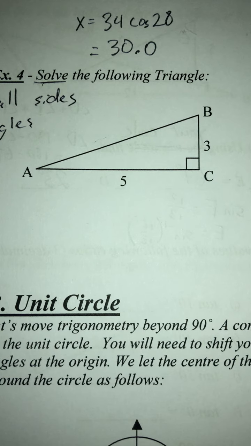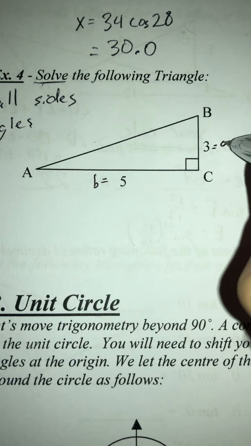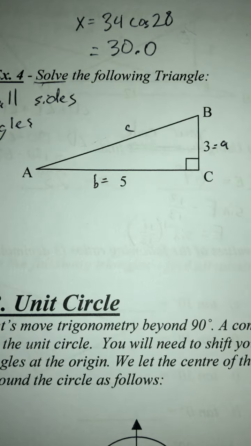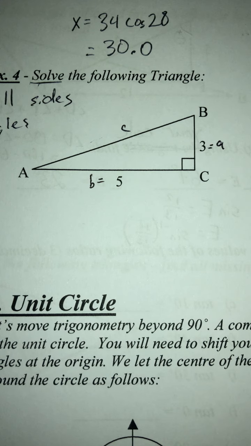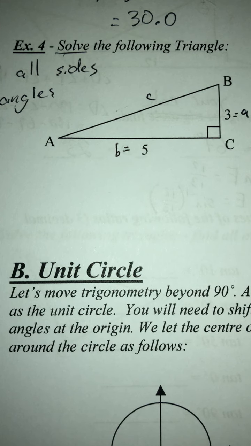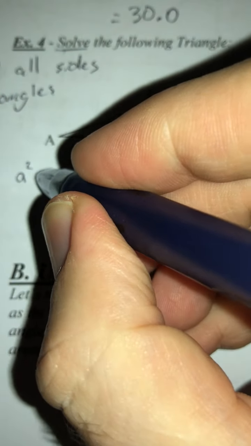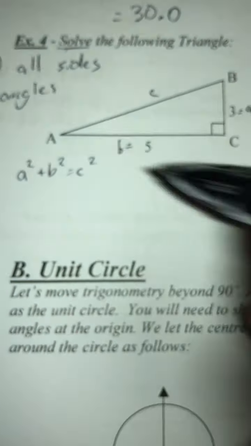So I'm going to do some labeling here. I'm going to call this side B, and this side lowercase a and lowercase c, just to be consistent with the angles and what we have here. First thing, I have 2 of the 3 sides. What I can use is Pythagoras, hopefully you remember Pythagoras, which is a squared plus b squared equals c squared.